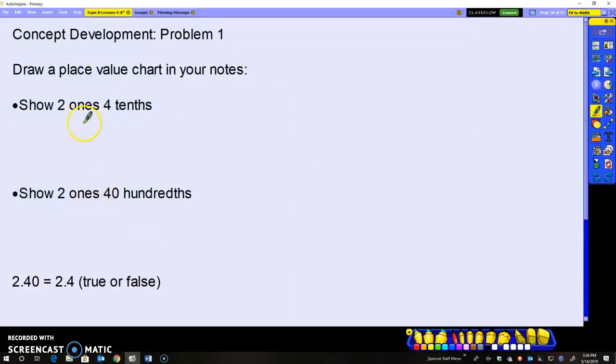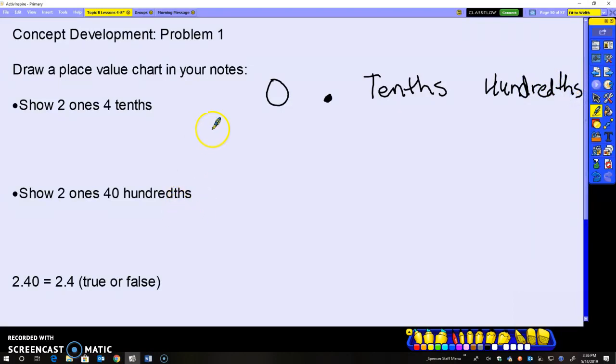It only needs to have up to ones, so it's going to have ones, make sure your decimal gets shown somehow, and it's going to have your tenths and hundredths. Okay, so tenths and hundredths, ones. If you want to write that out, you can.